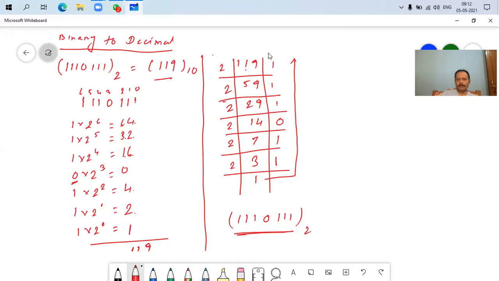So hopefully all of you can convert any binary number to a decimal number and any decimal number to a binary number. Now, if anybody has any doubt or any problem, you can raise your hand.